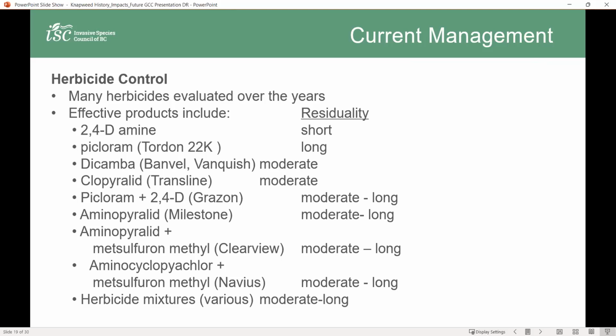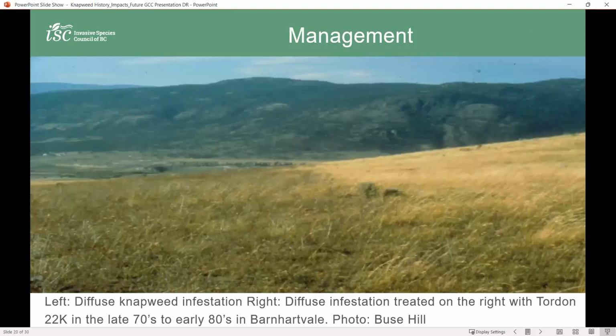We don't want to have to be going back every year to the same site to treat new germinates of knapweed with products like picloram and aminopyralid. We can see those long to moderate residual effects that control subsequent germinates at sites.